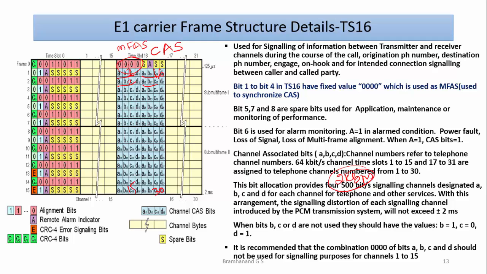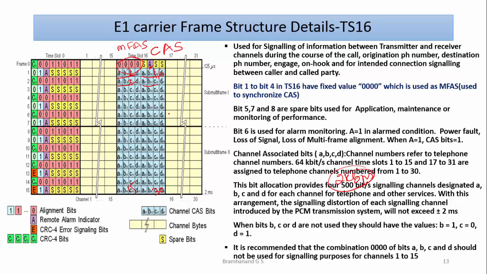Okay, and bit number 6 is used for alarm within the channel associated signaling environment. If there is any alarm, this A bit is being used, and there could be loss of signal, loss of multi-frame alignment. So those error informations get transmitted in the bit A, right?